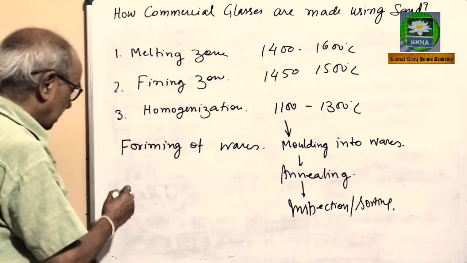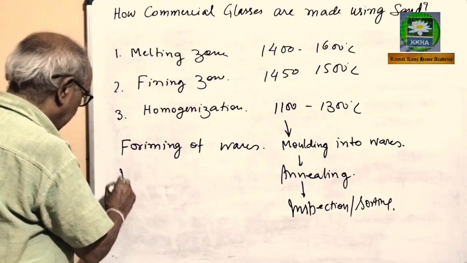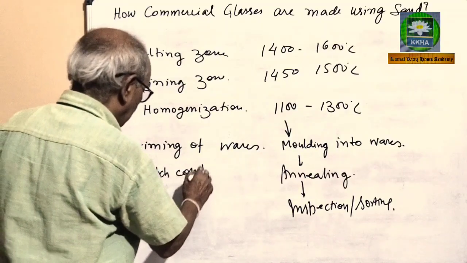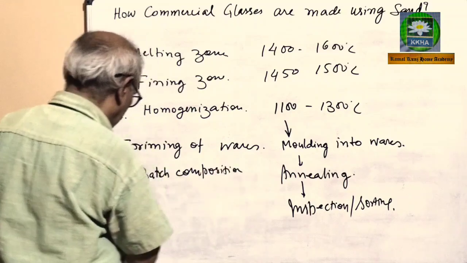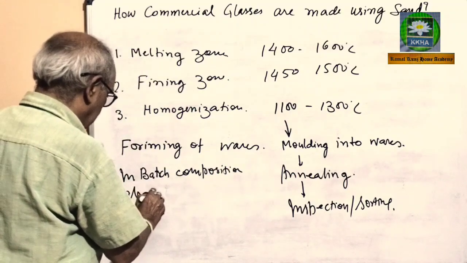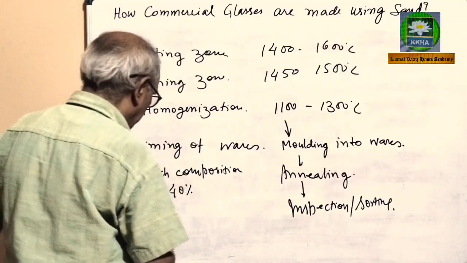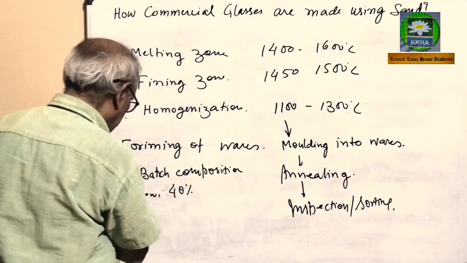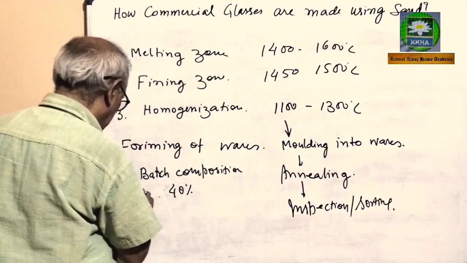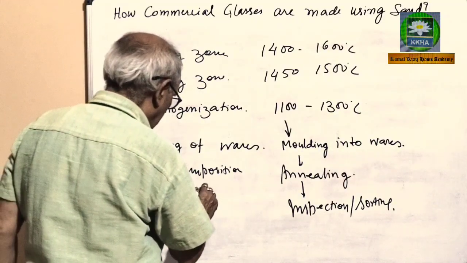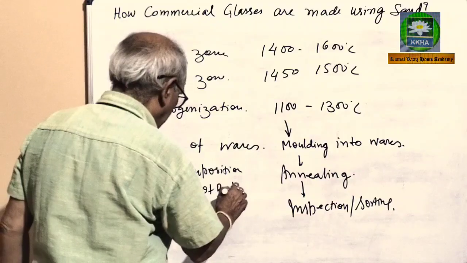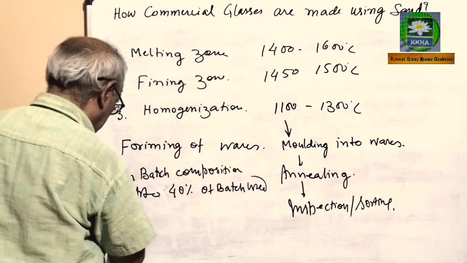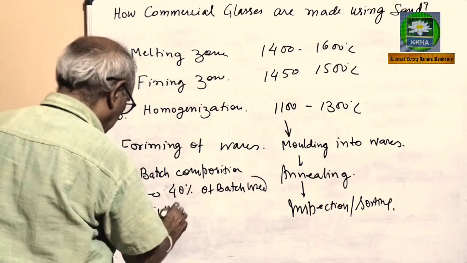So in batch composition, up to 40% is used as cullet.